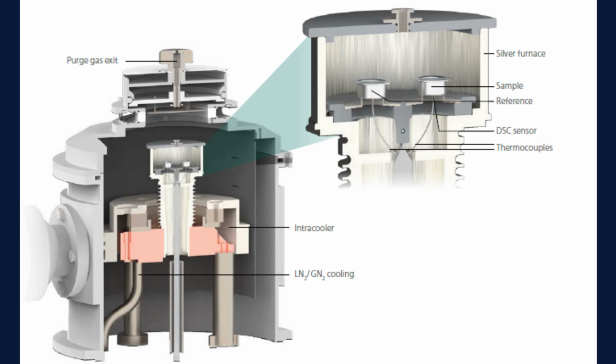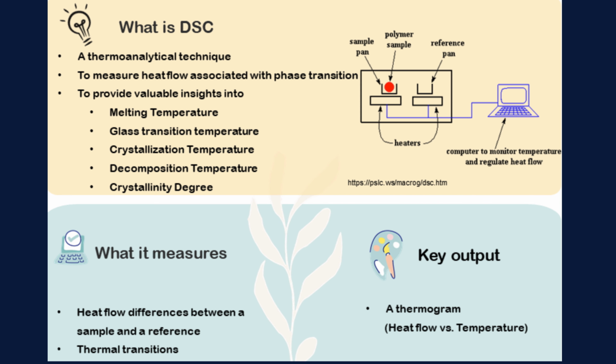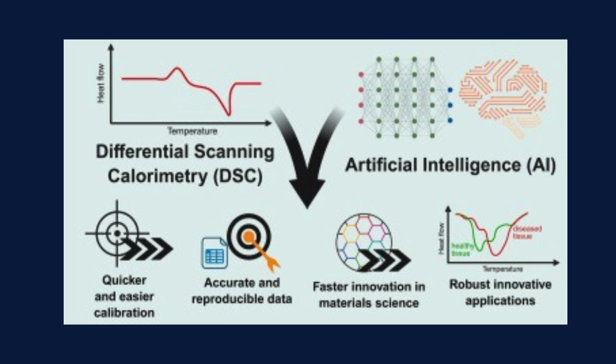Air or oxygen may be employed intentionally when studying oxidative stability or degradation. Data acquisition software. Modern DSC systems incorporate sophisticated software for instrument control, baseline correction, peak integration, kinetic analysis, and thermodynamic calculations.